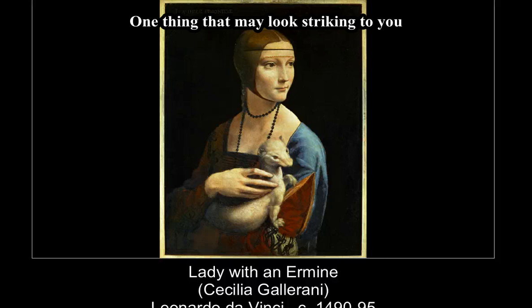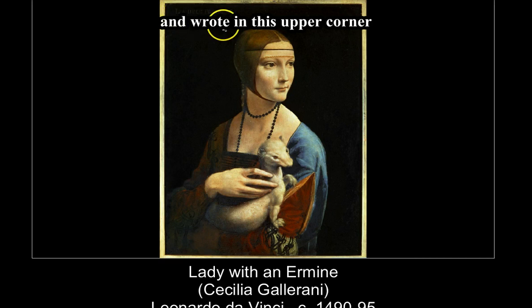One thing that may look striking to you is this black background. And I would say to ignore it, because we know that this black background is the result of a 19th century collector who wanted to have that background black, and wrote in this upper corner that this is by Leonardo. So it's not original to Leonardo.